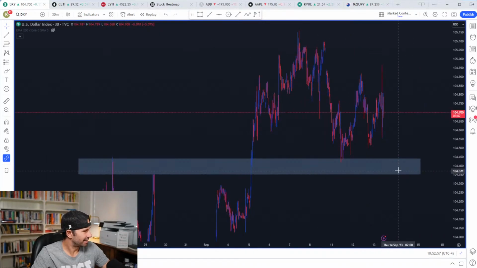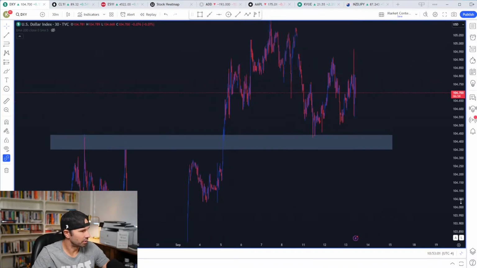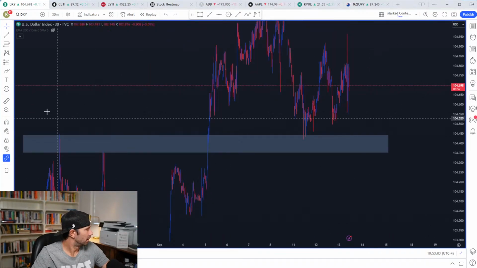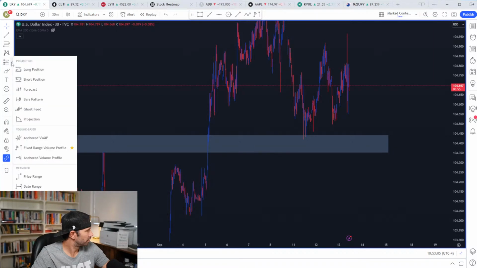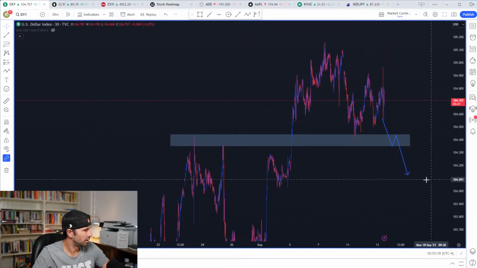If we come back down to visit this pivot, I would probably shift my view on the dollar. If this comes here, I will expect a shallow retracement and then a continuation to the downside.